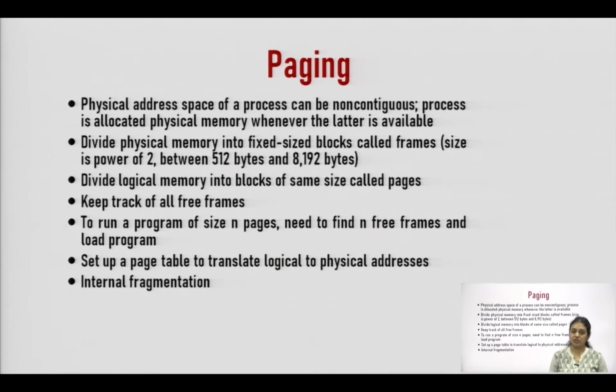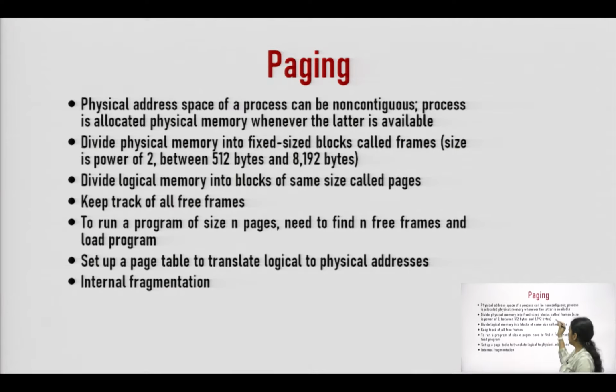Paging is basically used for non-contiguous memory allocation, where it avoids the problem of external fragmentation and also avoids the need for compaction. What we do here is that the physical address space of a process can be non-contiguous. The process is allocated physical memory whenever it is available, right.